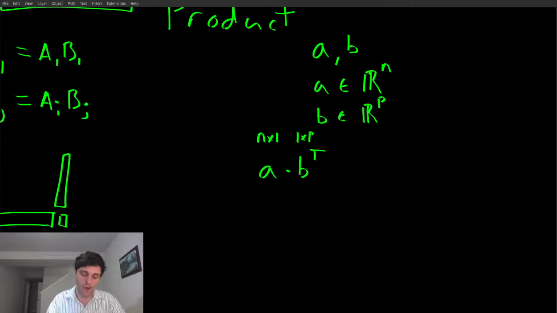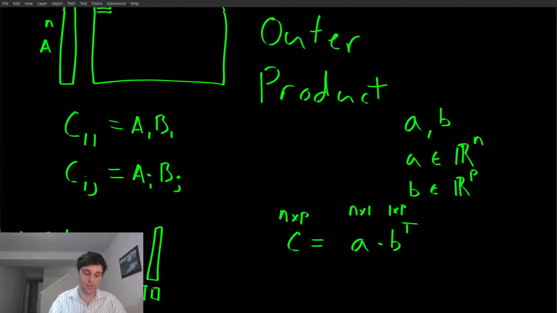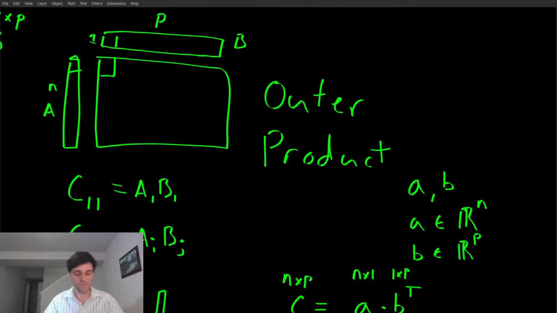And so my output, C if you like, is this n by p matrix, where each individual element is just the product of its respective elements in A and B.